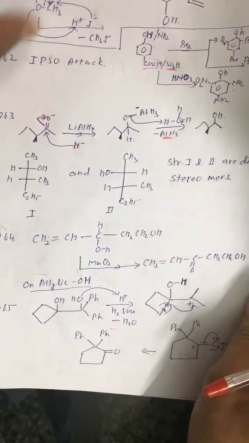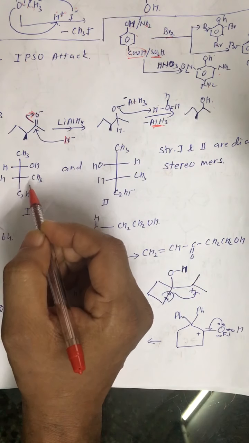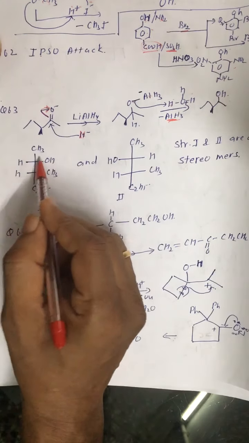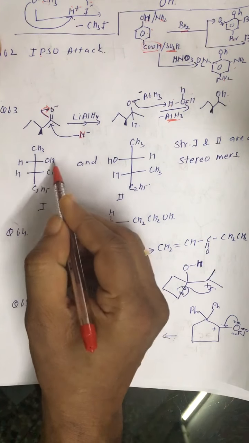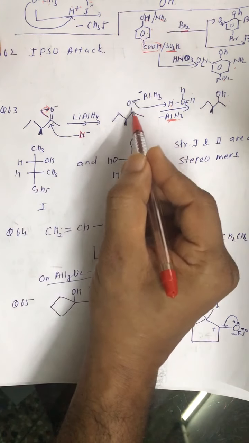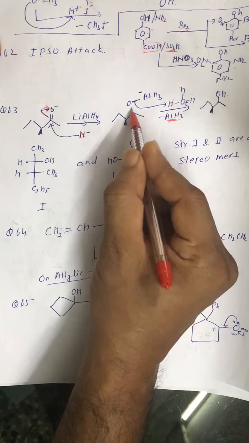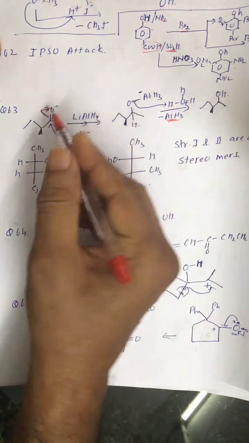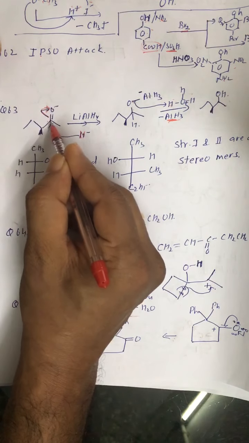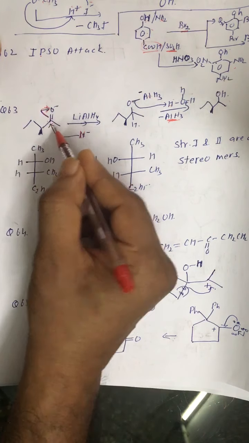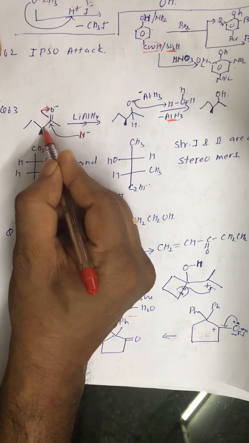Now look at the structure. This is the structure, and since it becomes a single bond, look at this single bond, and this also a single bond. That means free rotation is possible.